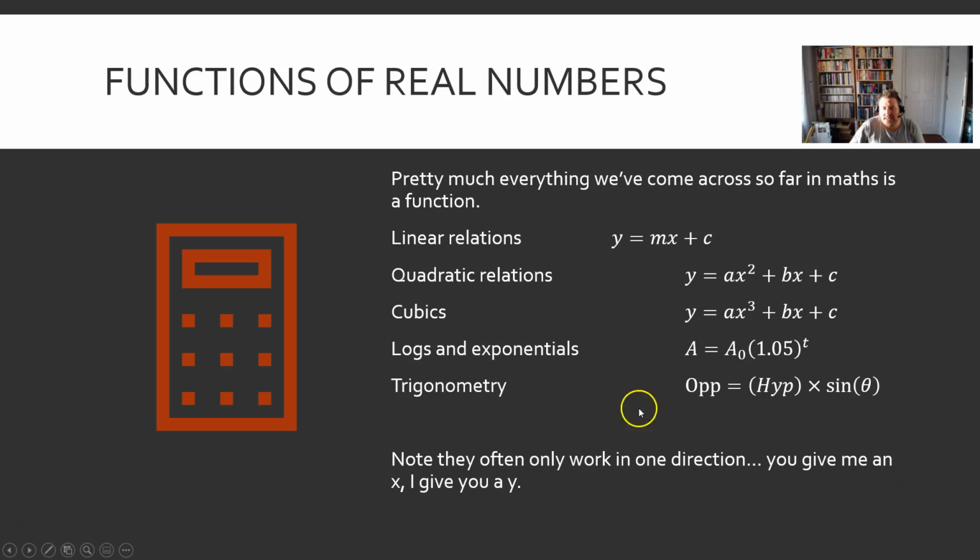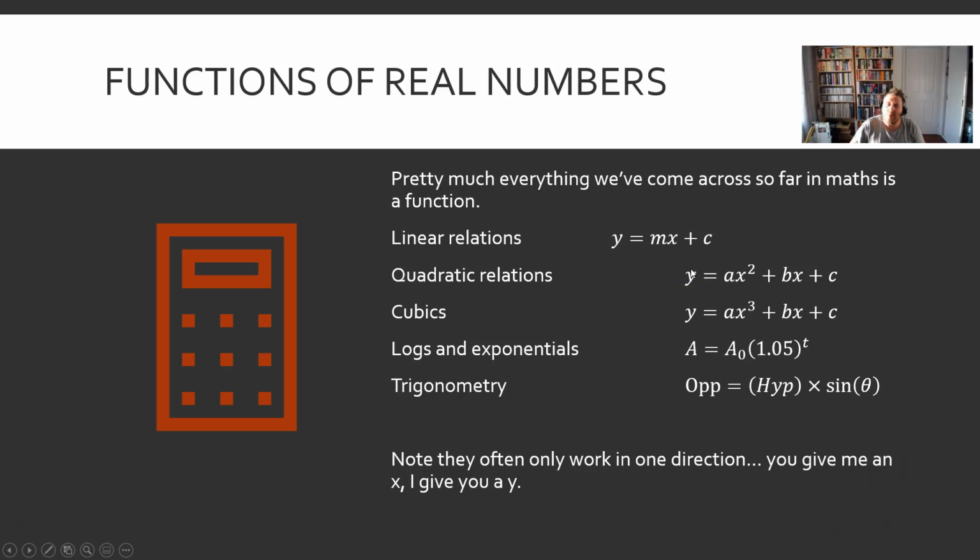Even trigonometry, which we don't usually think of in this language, is an example of a function, because if I give you an angle, you can give me the sine of that angle. But notice that these things only work in one direction. If we think about quadratic relationships, if I give you an x value, you can give me a y value.